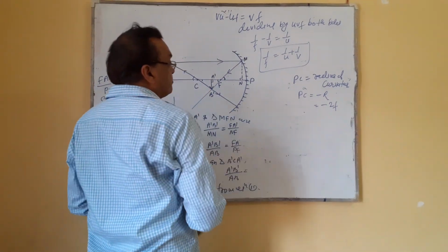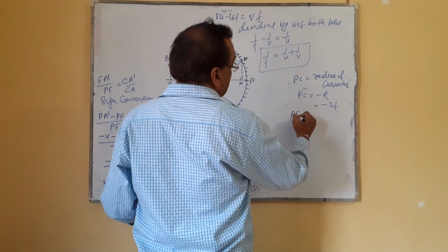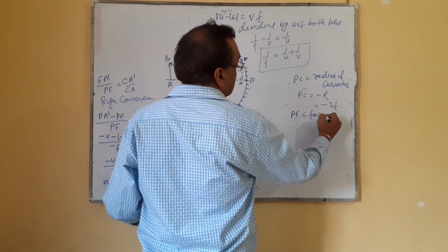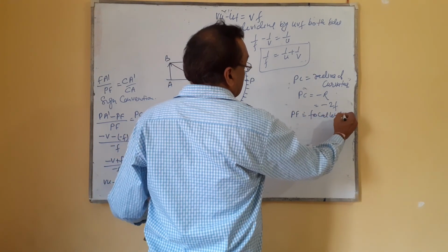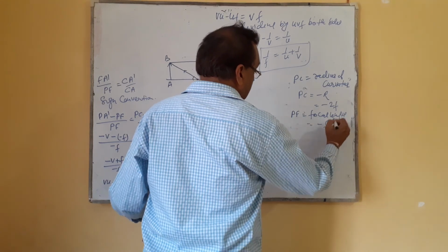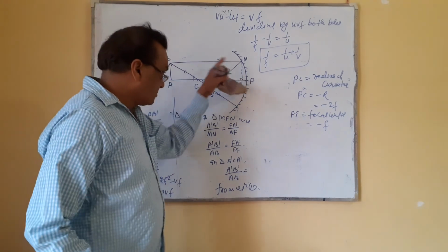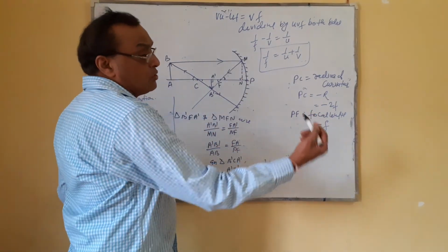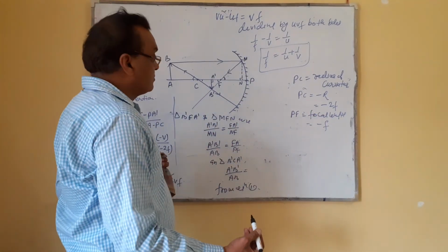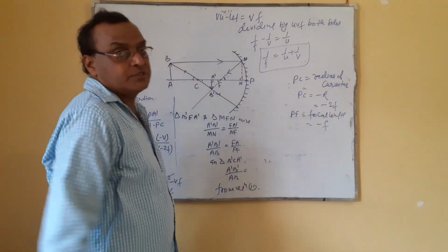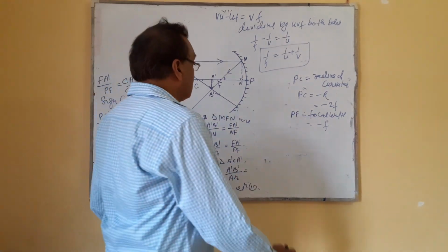And PF is the focal length, that will also be minus f, because the ray moves in this direction and we have to measure the distance from the pole, so that will be in the opposite direction, so that will be minus.